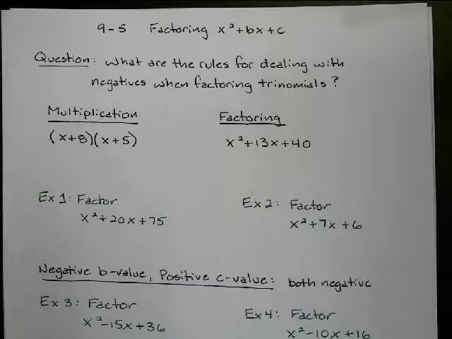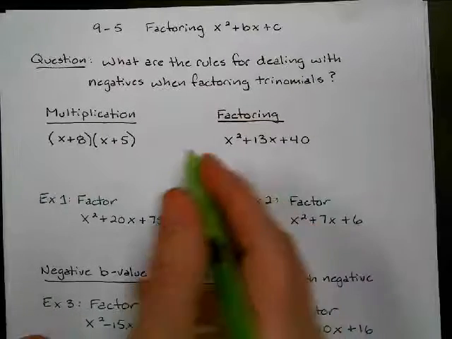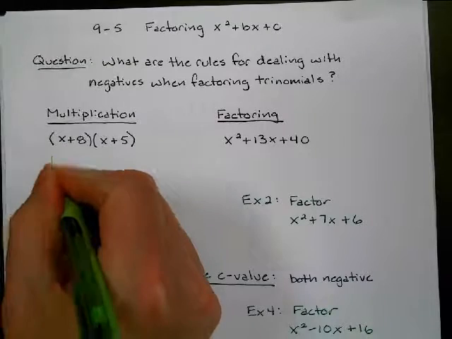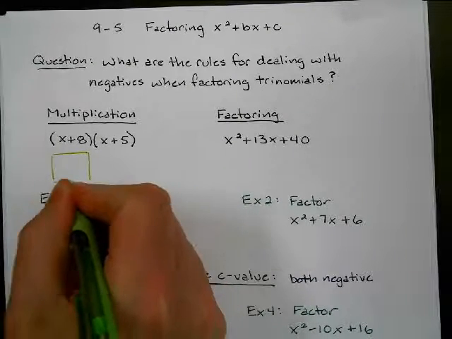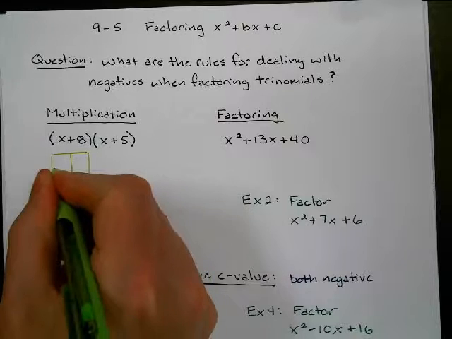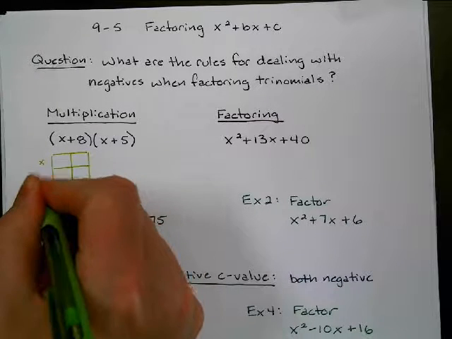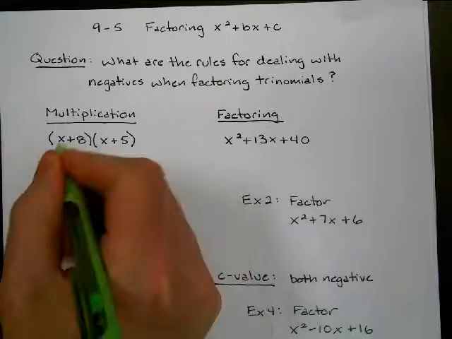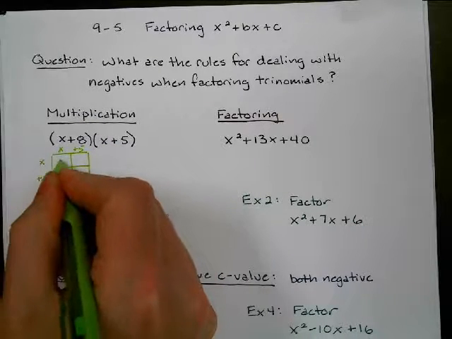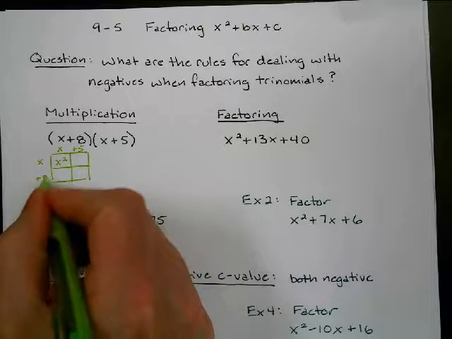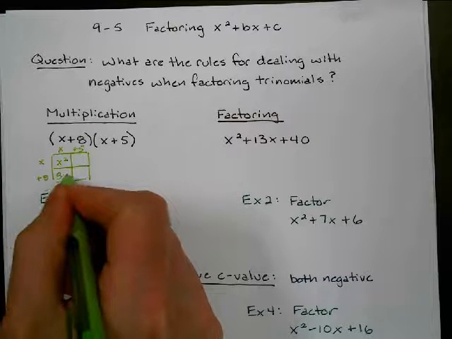Anyways, here we go. When we did multiplication, we did it with the area model. If I took x plus 8 times x plus 5 and put it into my little area model, we do x times x, and that'd be x squared. We do 8 times x and get 8x.